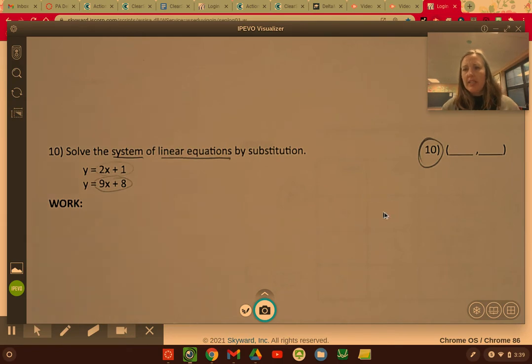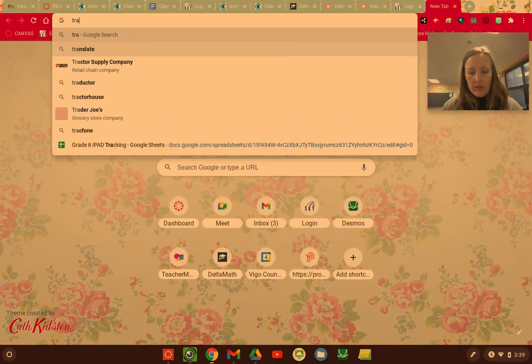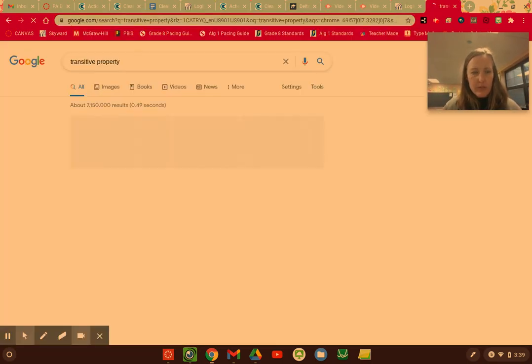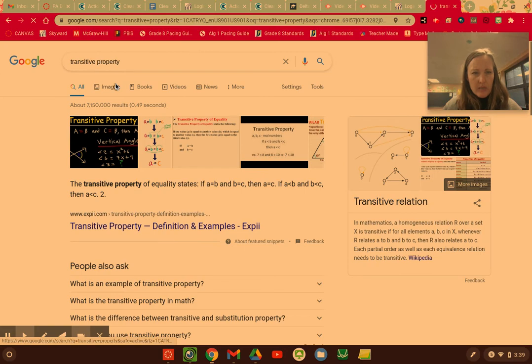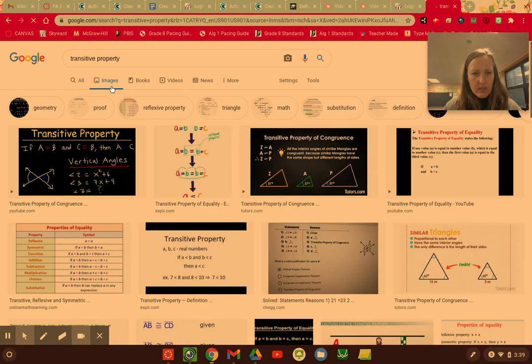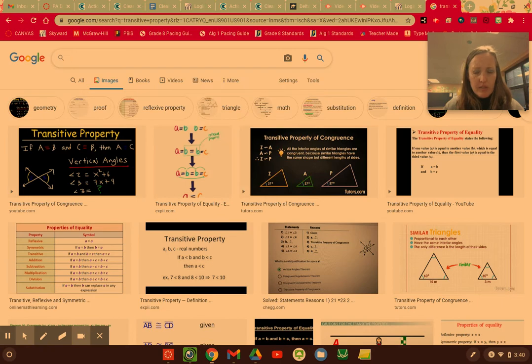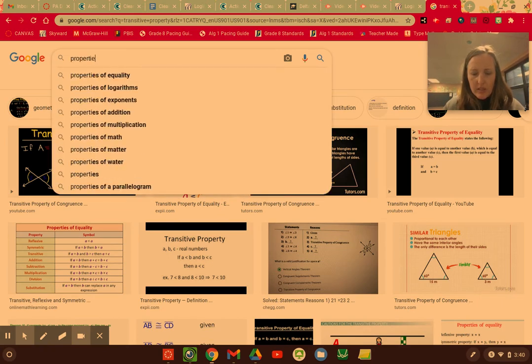Oh, is that the transitive property? Mrs. Golding's brain just farted. Let's look it up. Transitive property. See if my brain fart is working. If A equals B and C equals B, then A equals C. Ooh, yeah. Transitive. I know if somebody's listening to me, they're like, Mrs. Golding, why don't you remember these?